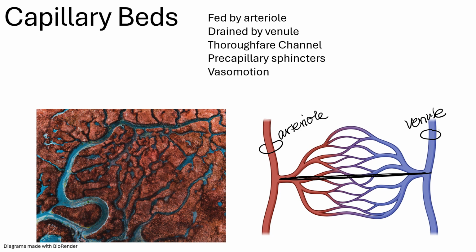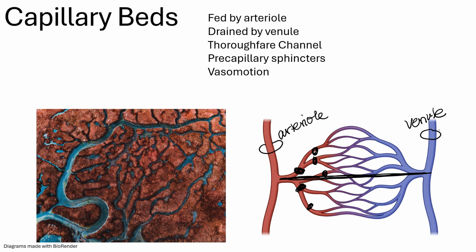Controlling blood flow to the capillaries are these muscular valves on this side of the bed that are called precapillary sphincters. They're like open-close valves, and they're only on the arterial side of the bed.